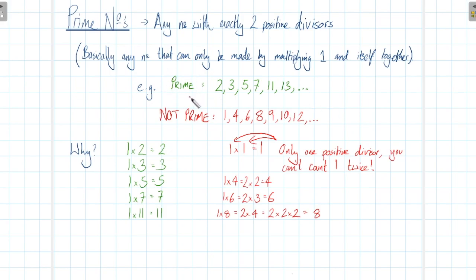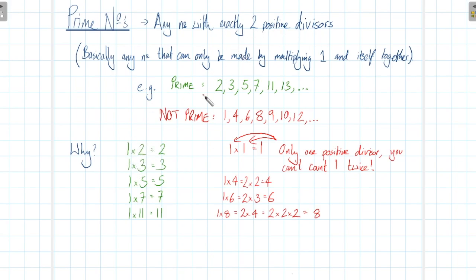So a prime number is a number like 2, 3, 5, 7, 11, 13. And numbers that are not prime are 1, which we'll speak about in just a second, 4, 6, 8, 9, 10, 12, and so on. What you'll notice is the prime numbers can only be made by themselves and 1.